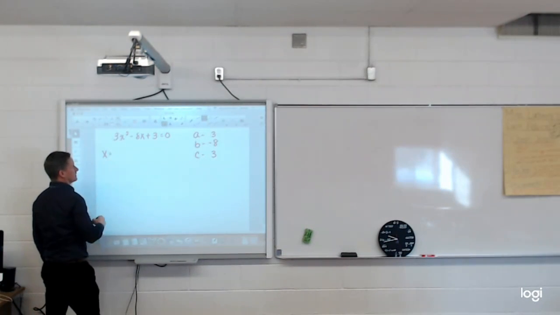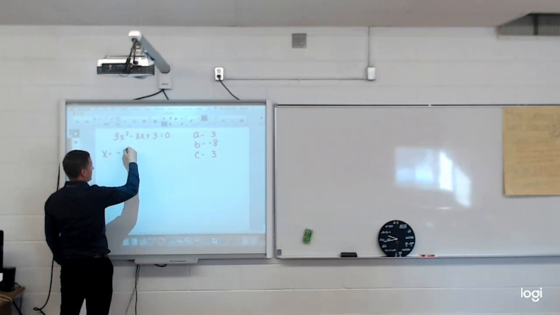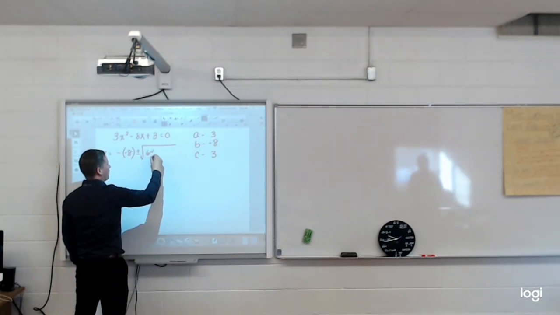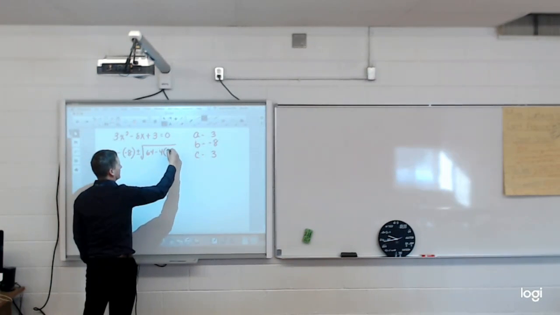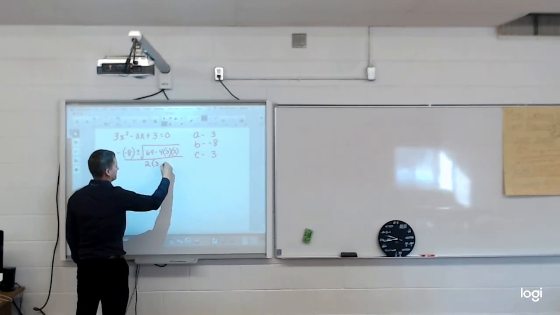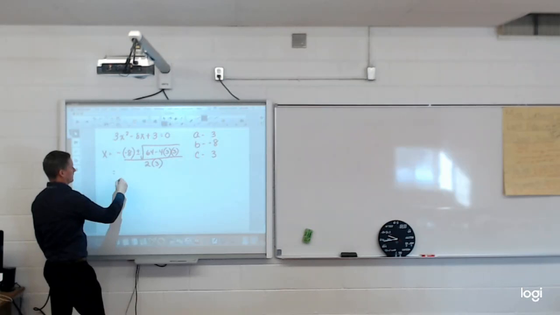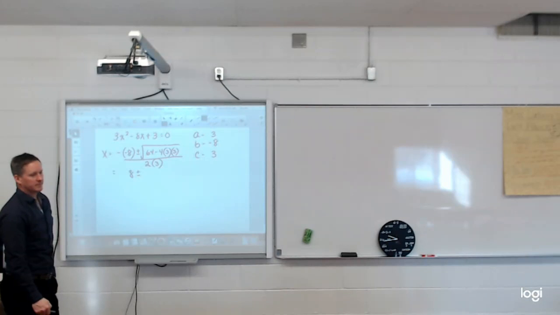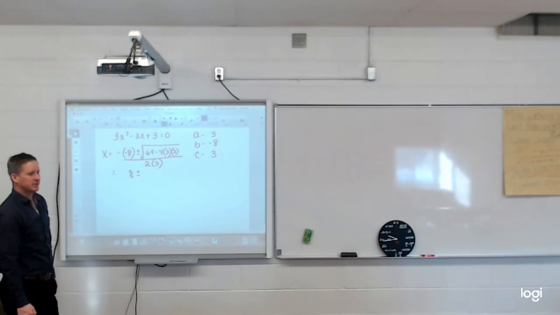X equals -b, so -(-8), plus minus the square root of b squared, 64, minus 4 times 3 times 3, over 2 times 3. 4 times 3 is 12. 12 times 3 is 36. 64 subtract 36 is 28.